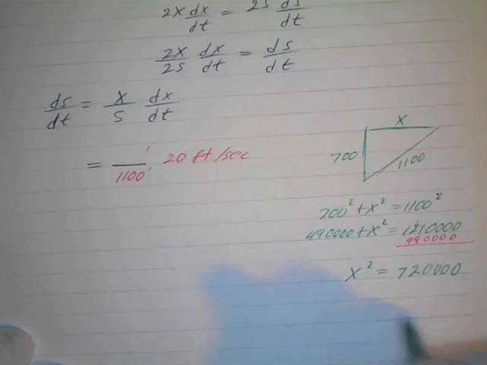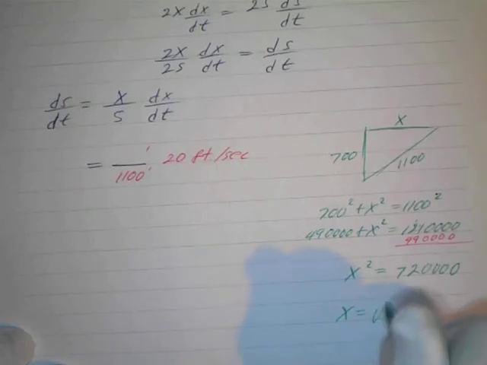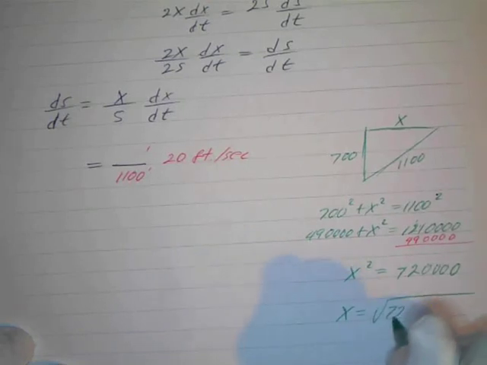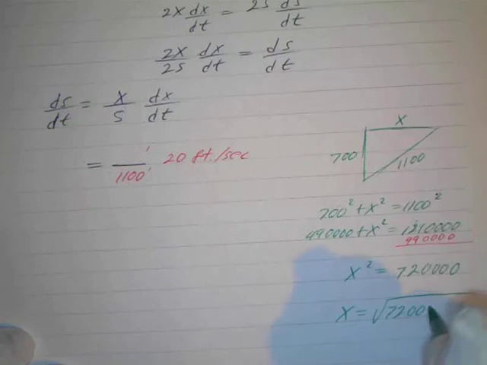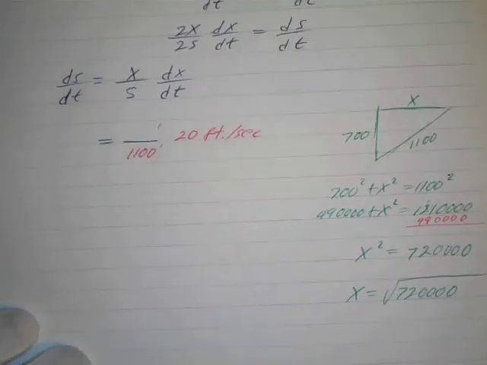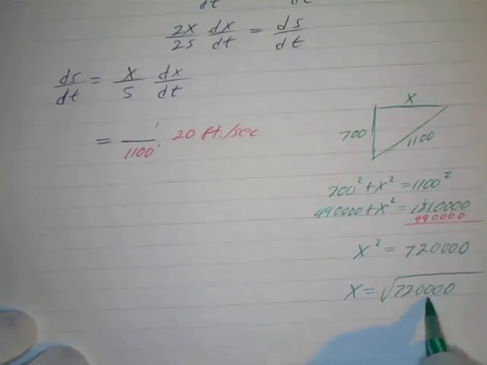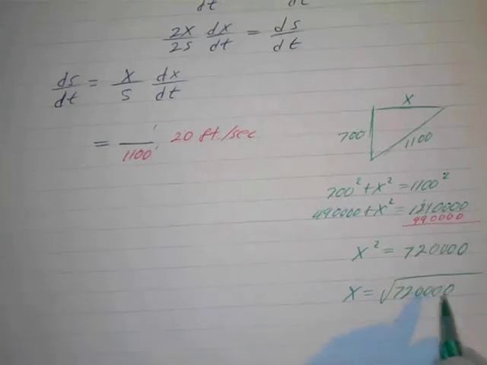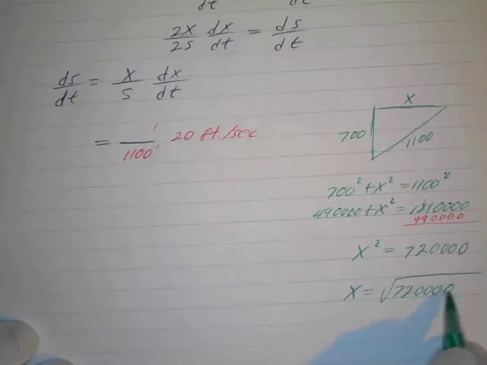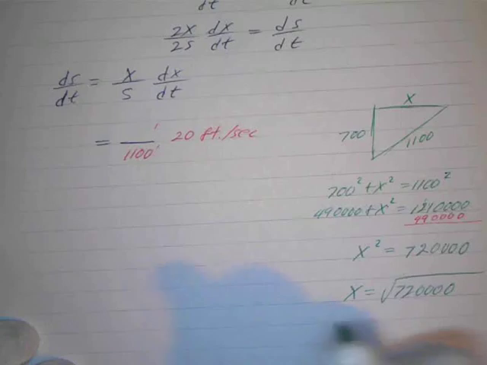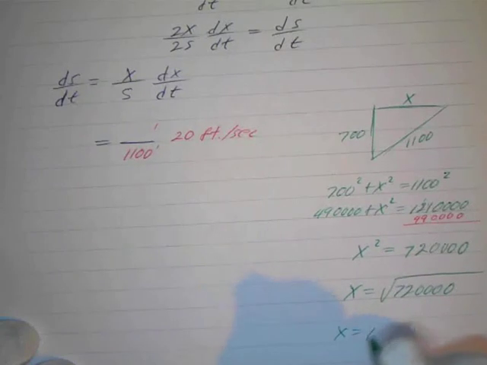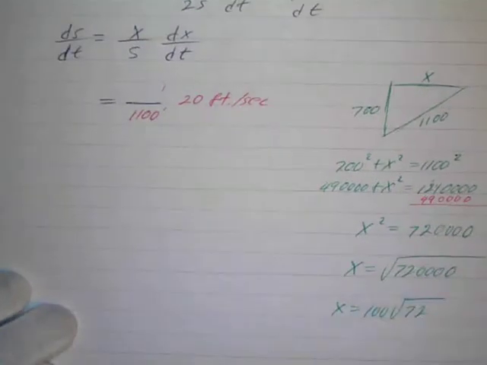So x equals the square root of this. If you take the square root of 4 zeros, you get 2 zeros, so that's 100, so I can take that out. So x equals 100 times the square root of 72, but 72 has a perfect square factor, 36 times 2.